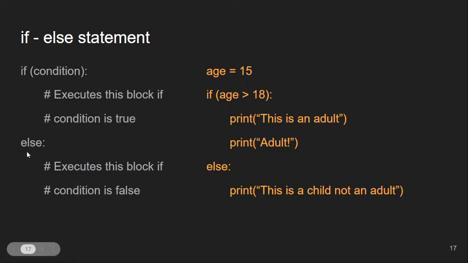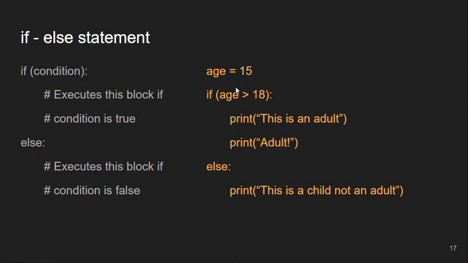This else is only going to work when the condition is not met. Once the condition is met, the interpreter will only execute the if block and leave the else block alone. But once the condition is not met, we won't do anything here; we'll just go to else and do these things.